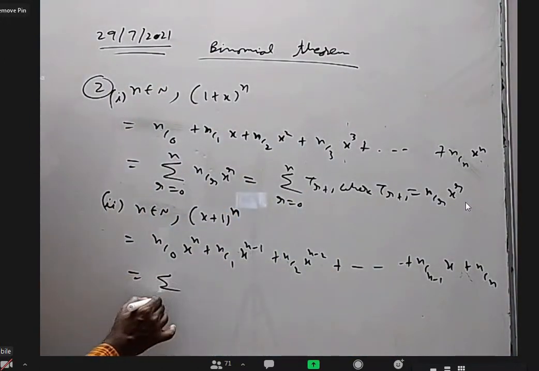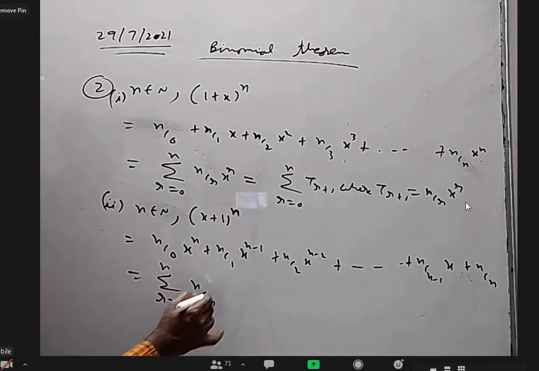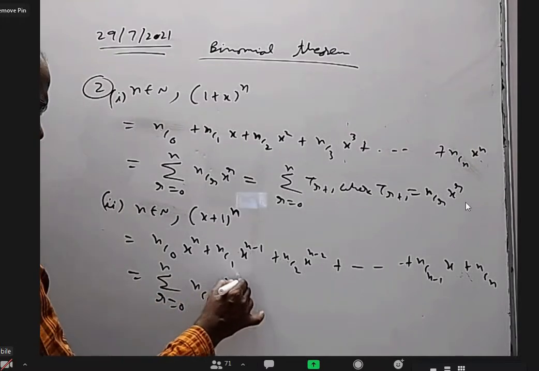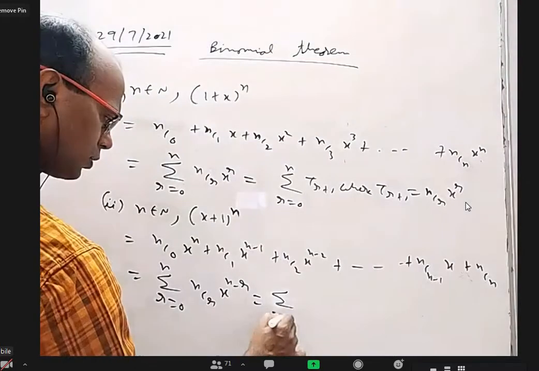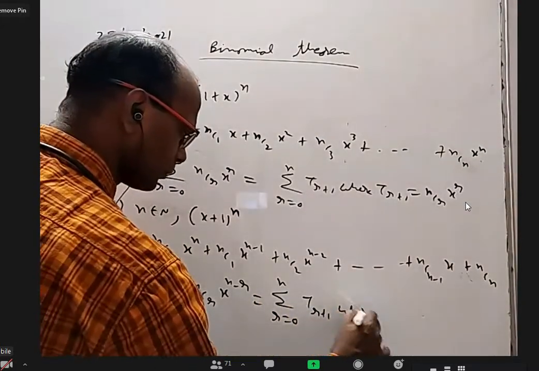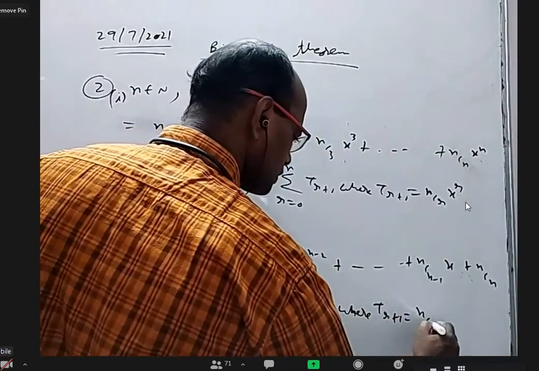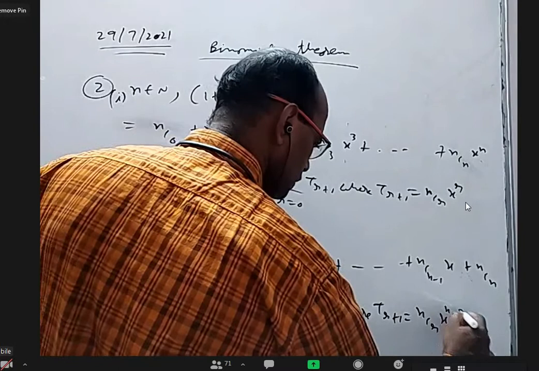This will be sigma r equal to 0 to n nCr x power n minus r, that is sigma r equal to 0 to n tr plus 1, where tr plus 1 is nCr x power n minus r.